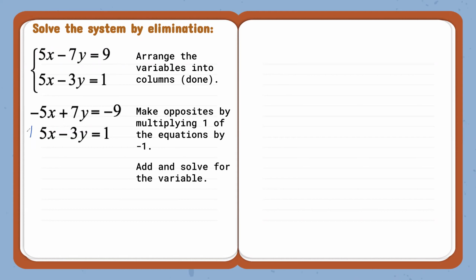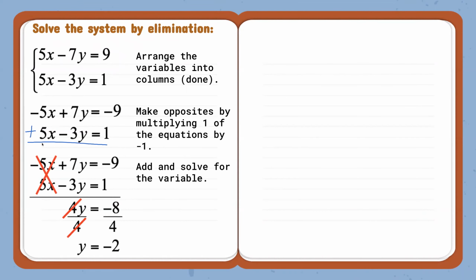So once I add these, they cancel out, right? -5x plus 5x gives me 0x. So I'm left with 7 plus -3 is 4. -9 plus 1 is -8. I then want to divide both sides by the 4 to get y by itself, and -8 divided by 4 is -2.